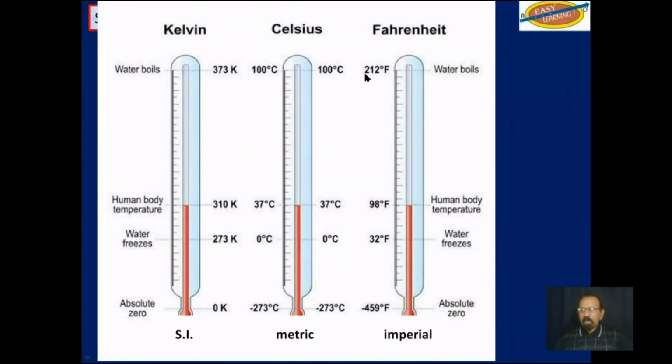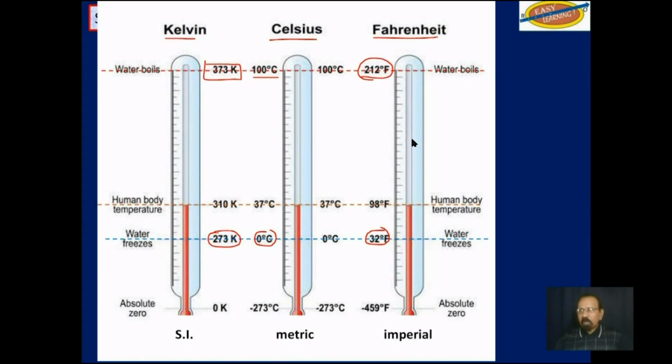If we take a second look at that, except now we have Fahrenheit on the far right, Kelvin on the far left, Celsius is still in the middle. Water freezes, 273 degrees Kelvin, 0 degrees Celsius, 32 degrees Fahrenheit. Water boils at 373 Kelvins, 100 degrees Celsius, and 212 degrees Fahrenheit.